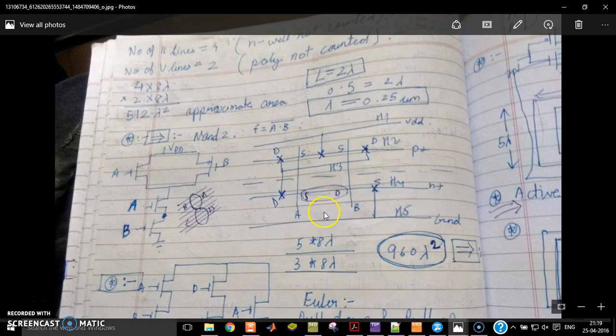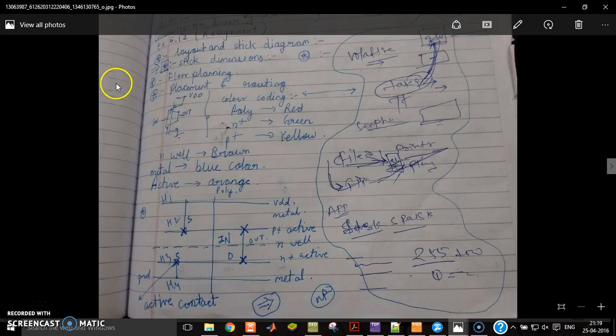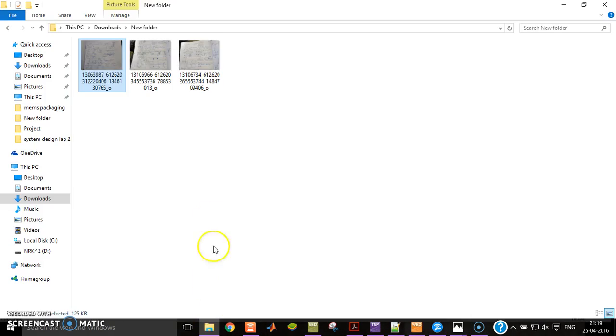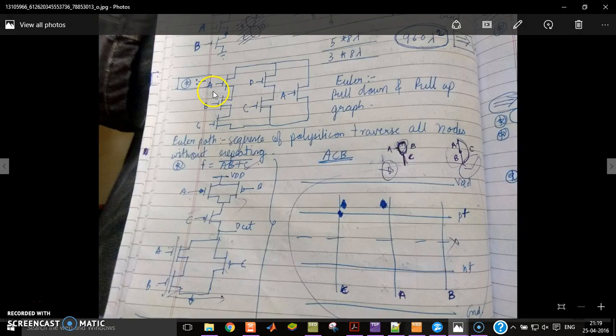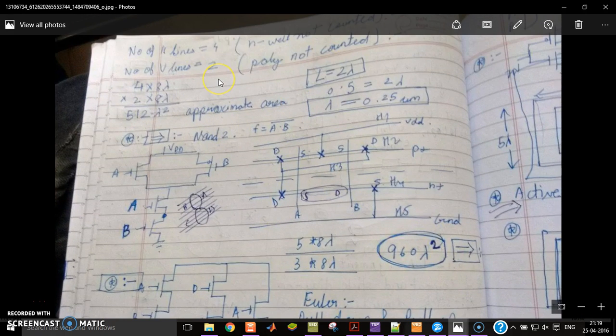The other important thing out here is that we can calculate the approximate area. So for the approximate area, we'll find out the number of horizontal lines and number of vertical lines.